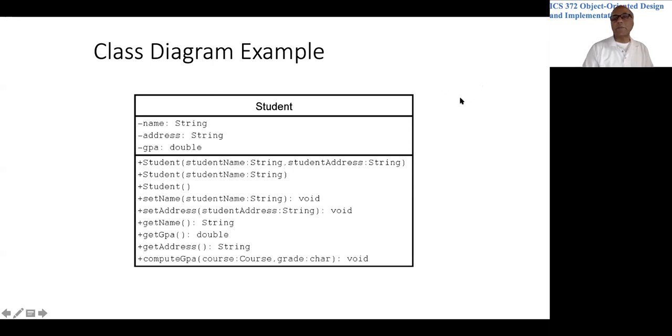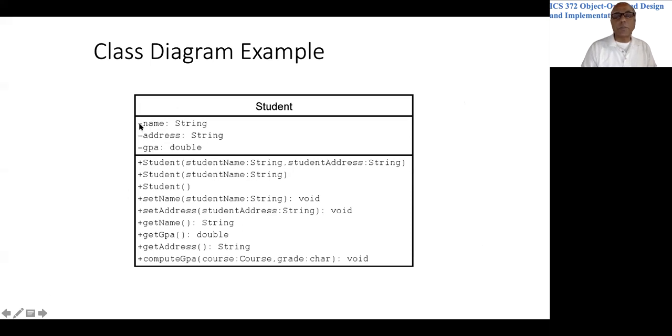A class diagram consists of a big box or a small box that is divided into three smaller boxes. In the top box, we write the name of the class, or this could also be an interface, by the way. And then in the second sub box, we have the names of all the fields and their types.